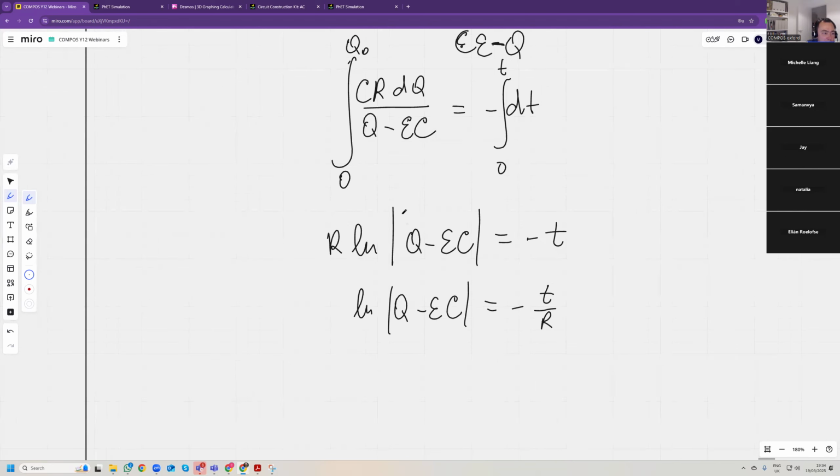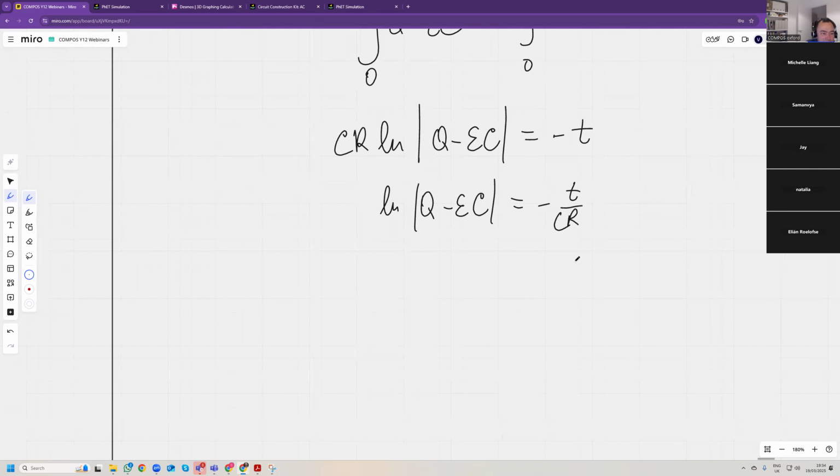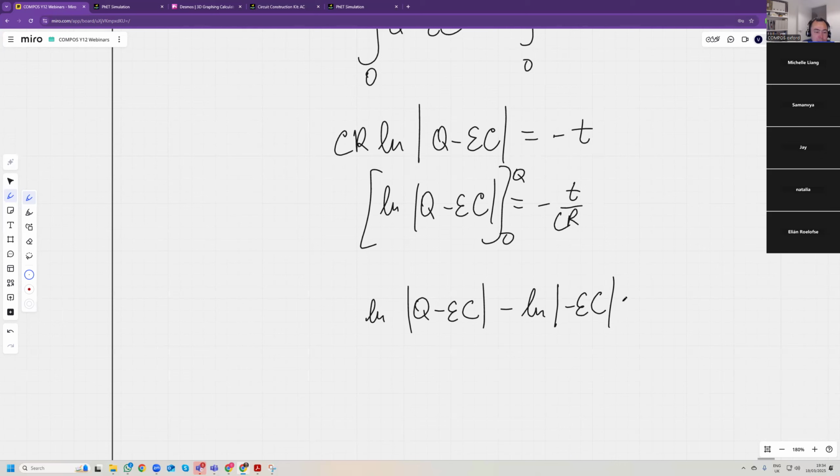And then if I take the logarithm between 0 and Q, I get logarithm Q minus EMF C minus logarithm minus EMF C equals minus t over CR.